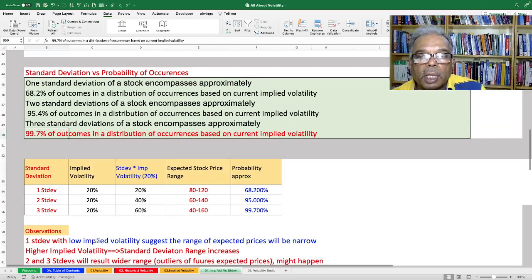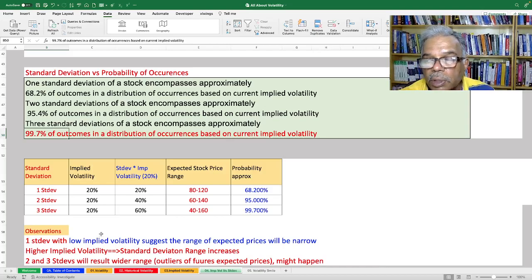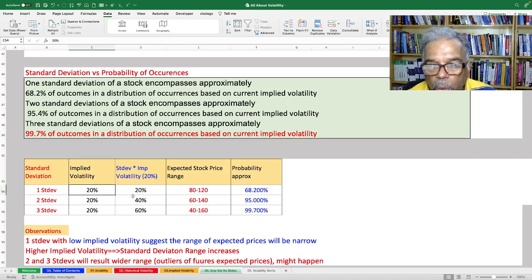Now if you summarize it in a table for the same example: with one standard deviation and implied volatility of 20%, the stock price will be 80 to 120 with a 68.2% probability.